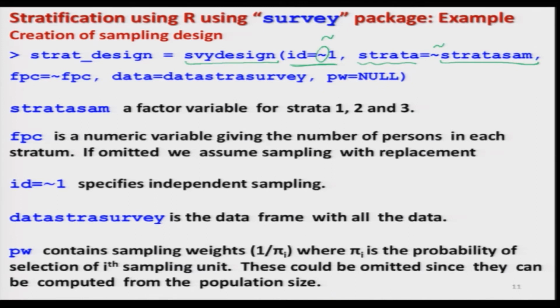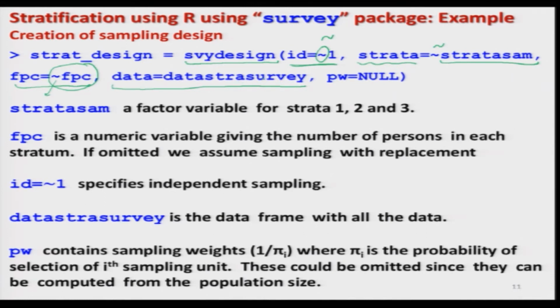Then for the FPC, either it can be computed automatically or we supply it from outside. Here I say it has been supplied from outside and stored under the variable name FPC, specified with the tilde sign. And then what is my data from where we have to draw the sample? This is data stra survey.